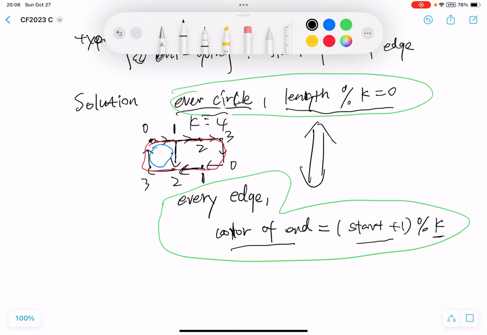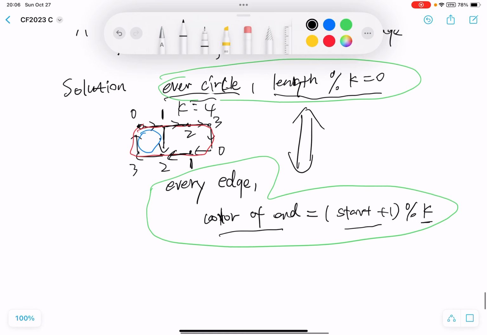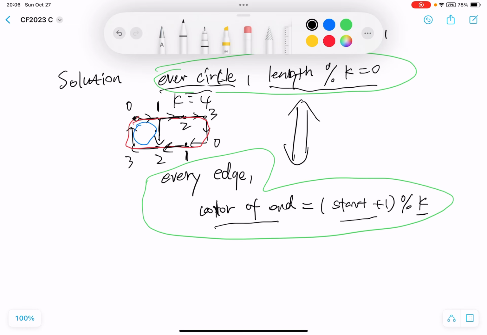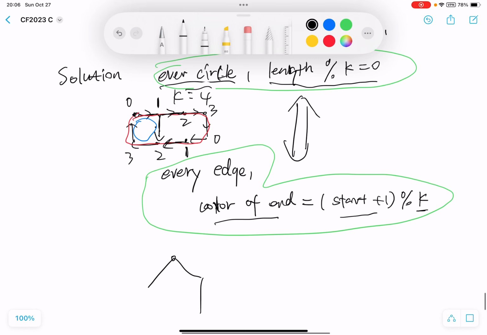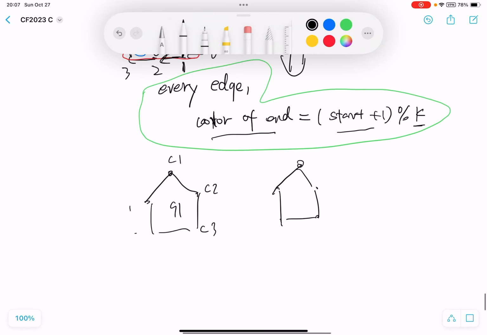These are equal information. So for the two graphs, we know we can paint a color on any node: C1, C2, C3, and so on. This is graph 1, this is graph 2.